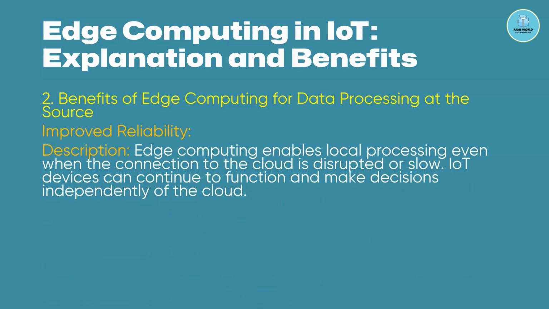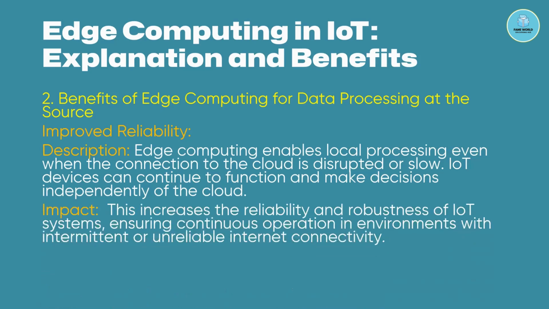If the cloud is disrupted or slow, the data will still be present, so IoT devices can continue to function and make decisions independently of the cloud. The impact is increased reliability and robustness of IoT systems, ensuring continuous operations in environments with intermittent or unreliable internet connectivity. Even when internet connectivity is not there, these systems will keep working, and this is possible because of edge computing for data processing at the source.